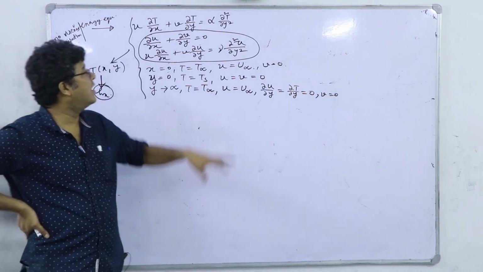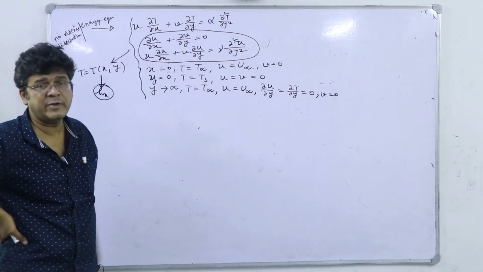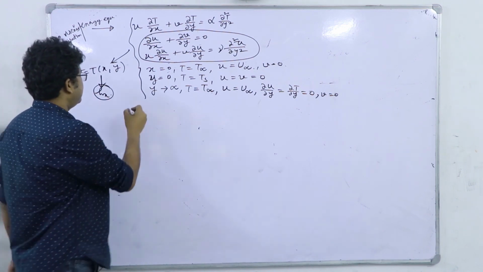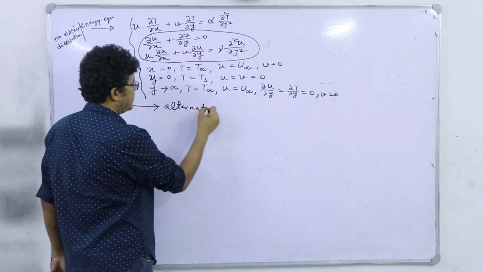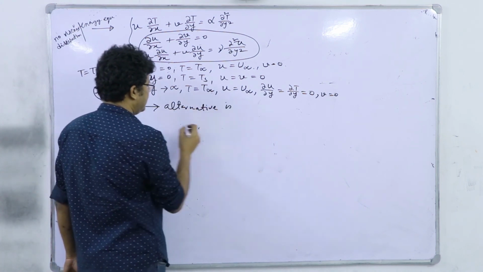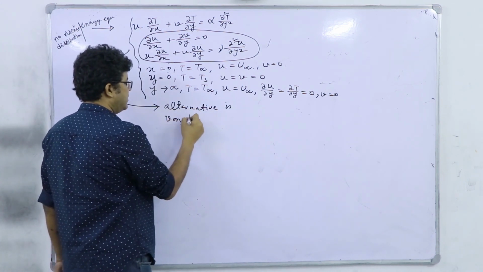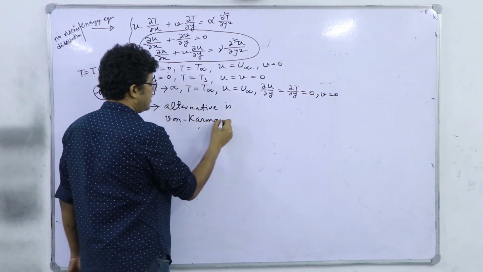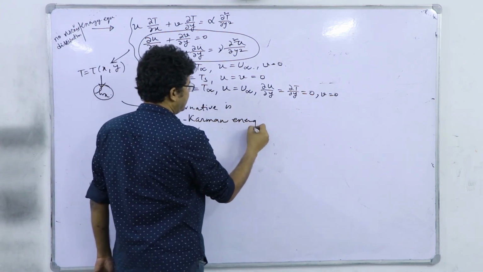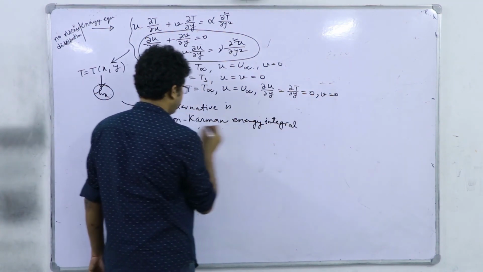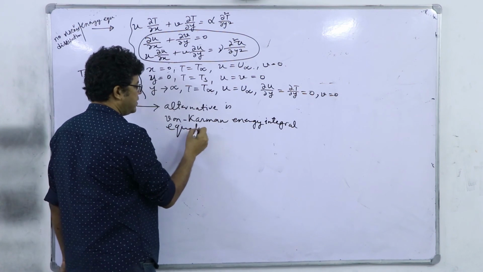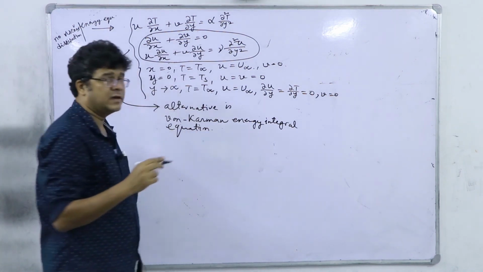So similarly here, alternative to the solution of this complex mathematical structure, alternative here is the von Karman energy integral equation. Right? And that we are going to discuss in the next session.